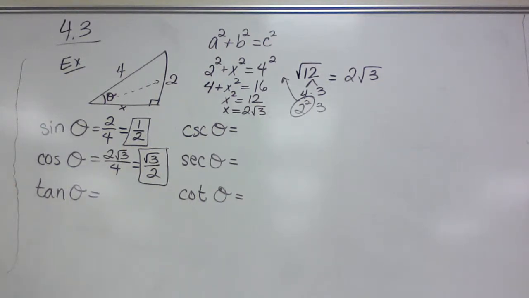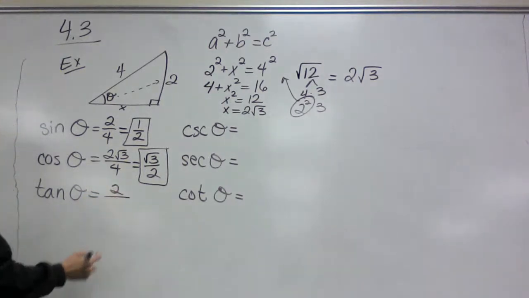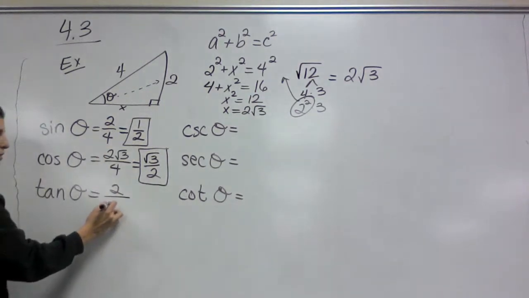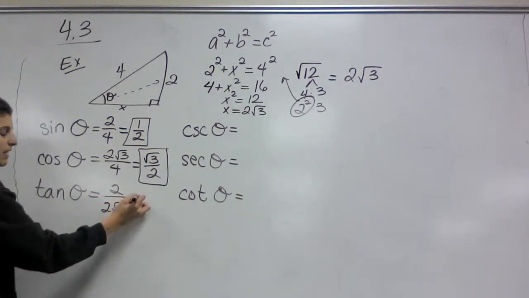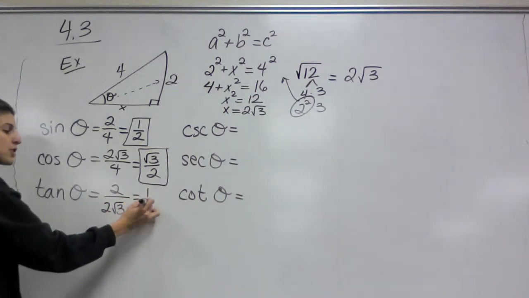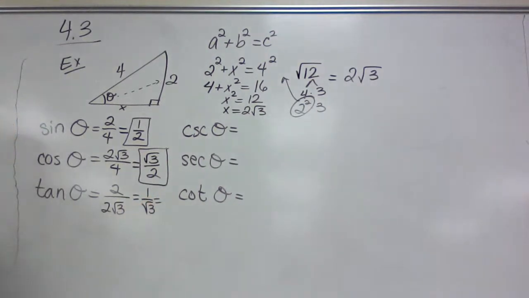So tangent of theta will be what? 2 over 2 square root of 3. Okay, we have opposite over adjacent, so 2 over 2 square root of 3 is going to be 1 over the square root of 3, but that's not simplified. Square root of 3 over 3.